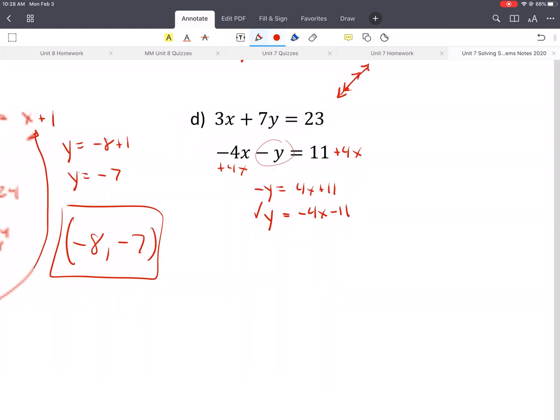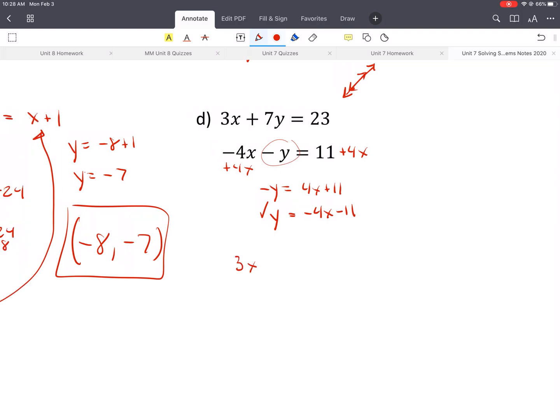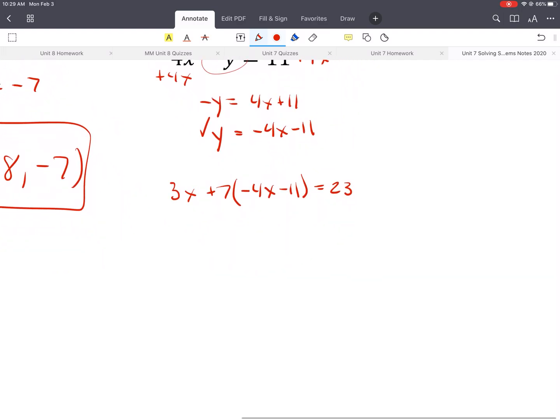All right, so we substitute that in. We'll have 3x plus 7, and then we're going to substitute that in. Negative 4x minus 11 is equal to 23. Okay, and then we will distribute, just like we've been doing. We get 3x minus 28x minus 77 equals 23.